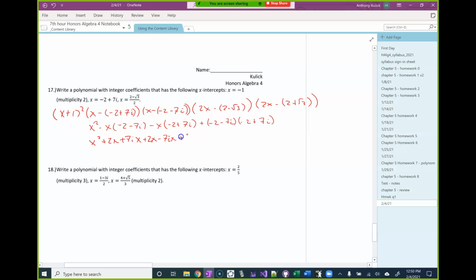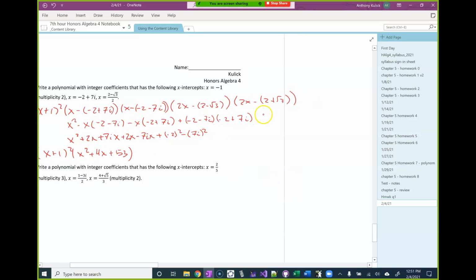Over here, what do we got? Let's see, 4x squared minus 4x minus 2 root 3x minus 4x plus 2 root 3x plus 2 squared minus root 3 squared.